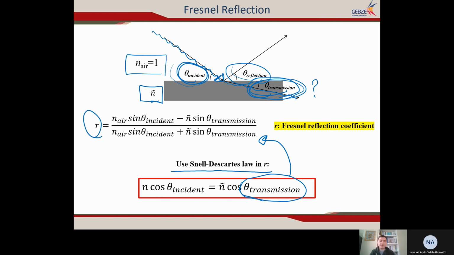Did you understand this step? Why do we need to find theta transmission? We don't need theta transmission. I would like to solve the Fresnel reflection coefficient because here we have a detector, and the detector records the intensity. This is also called reflection, okay?